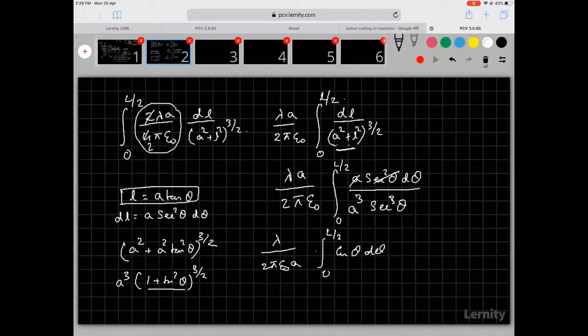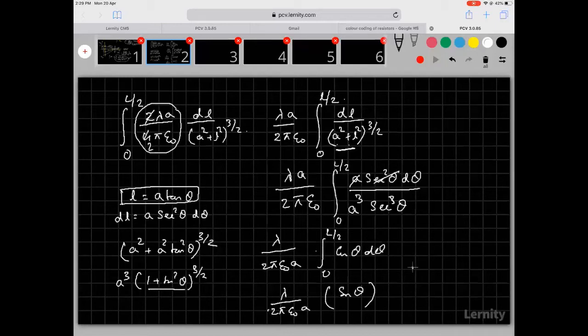Now what is the integral of cos theta? Integral of cos theta is sin theta. So this will become lambda divided by 2 pi epsilon naught a times sin theta. Now when I put my limits, it will become sine of 0 and the max L by 2.